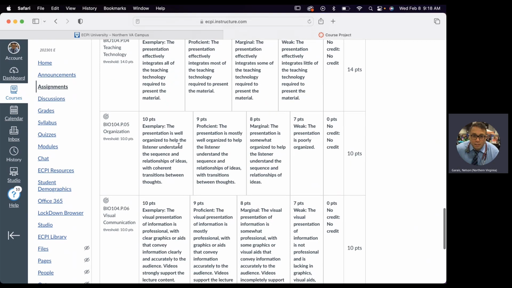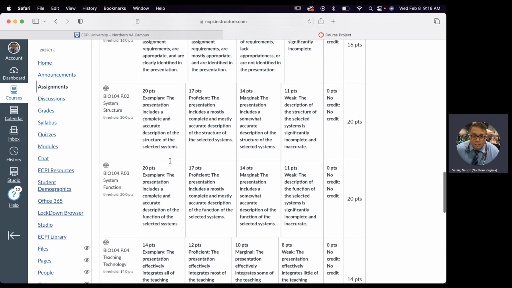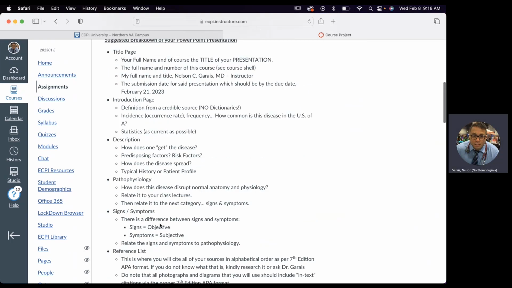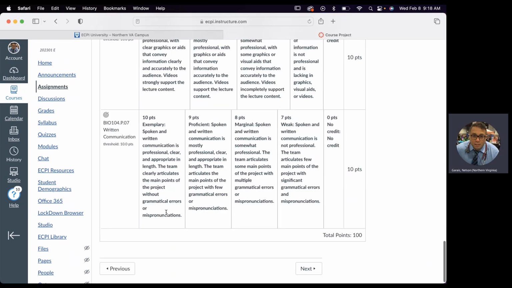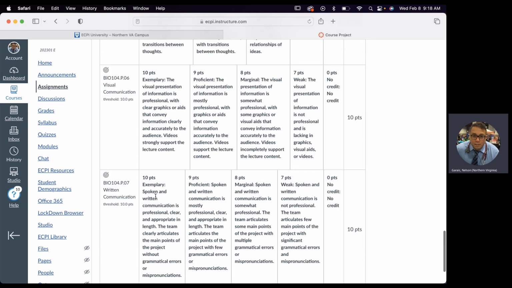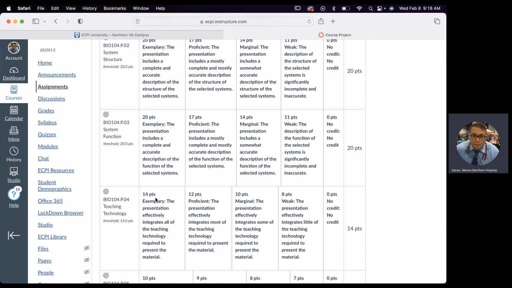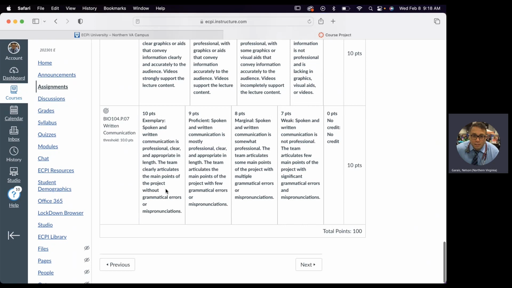The presentation is well organized, of course. I helped you here, gave you some organization. But you can have your own organization as long as it's clear. There's a distinct beginning, middle, and end. And of course, at the very end, the actual presentation itself. Were you speaking clearly? Were you able to answer some basic questions?